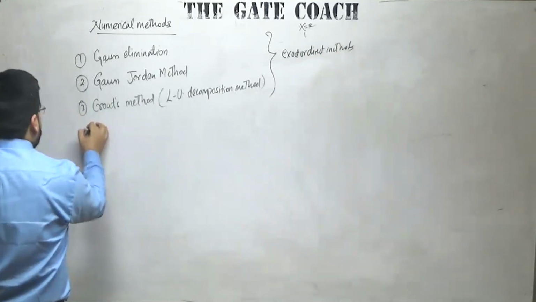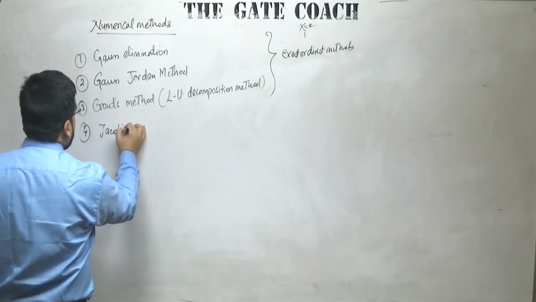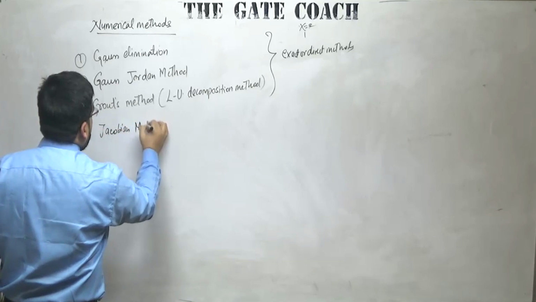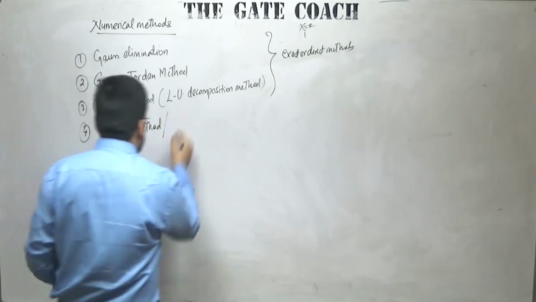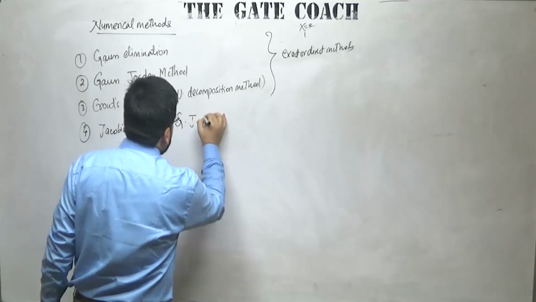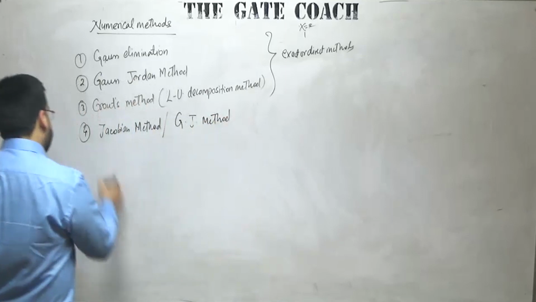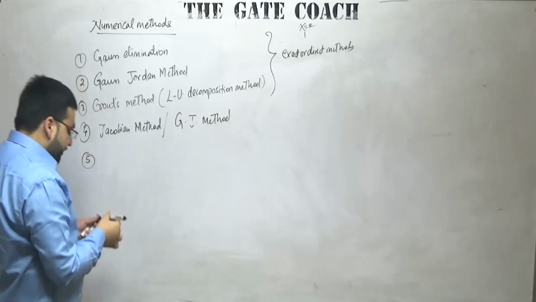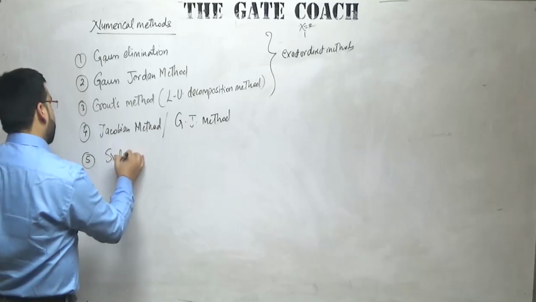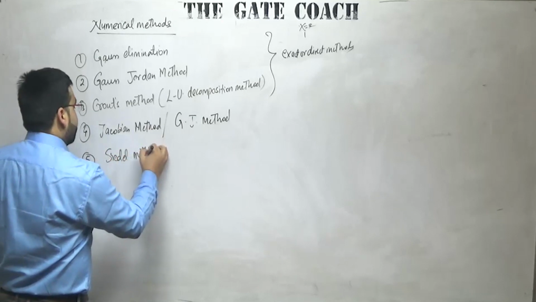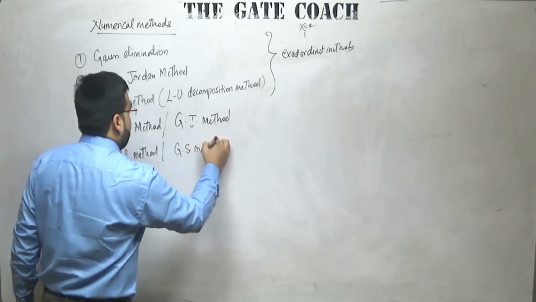Next, the fourth method is called the Jacobian method, or also called the Gauss-Jacobian method, GJ method. And the last method is the Seidel method or the Gauss-Seidel method.